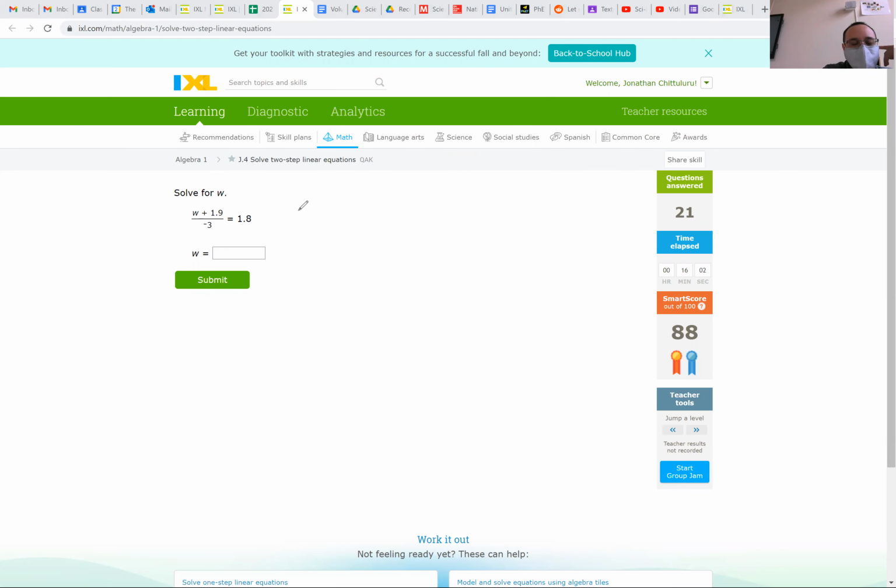So the first thing we have to do is multiply both sides by -3. So W plus 1.9 equals -5.4. Okay, that's just 18 times 3 is 54. So -3 times 1.8 is -5.4. Now what we're going to do is we're going to subtract 1.9 from both sides. So W equals -5.4 minus 1.9.